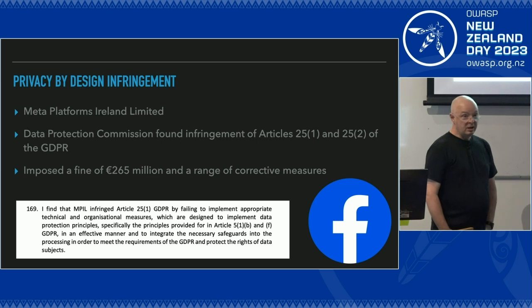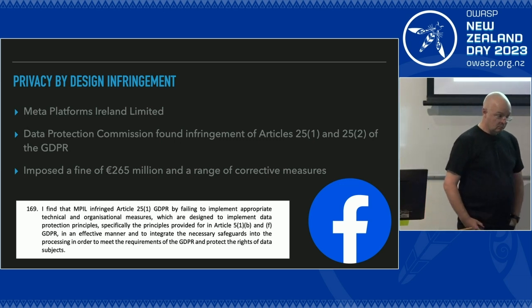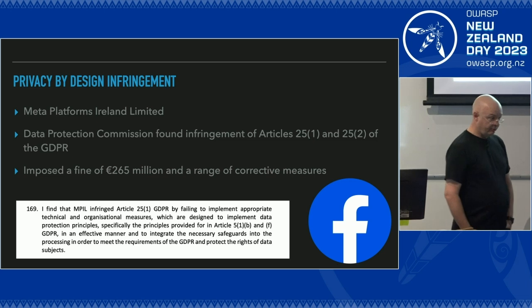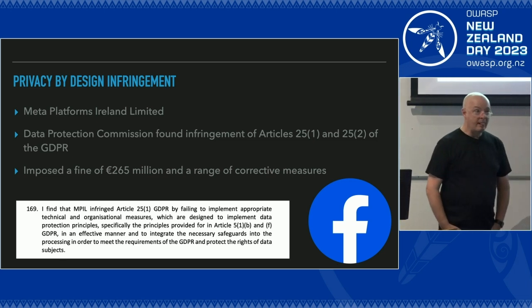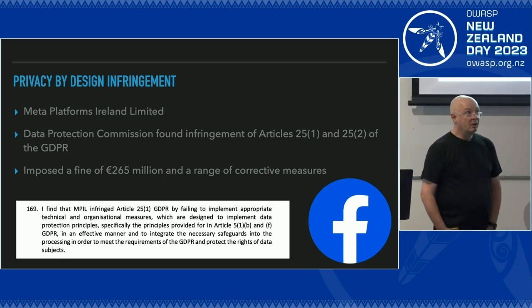So you can clearly see that, I mean, that's quite an egregious case, 500 million people, but it shows that the EU are very serious about privacy and about privacy by design.